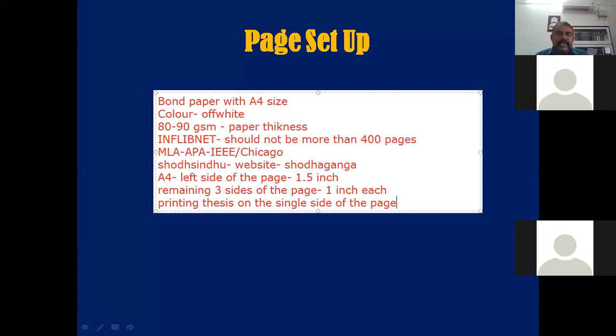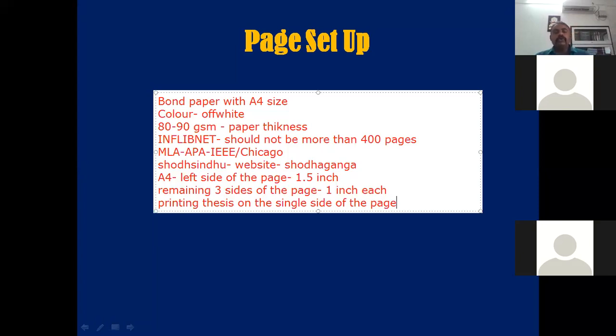If you don't keep this much space, there is a chance some of the words will be cut, and such a thesis will not be accepted by the university. Remember that. Once again, you have to reprint and rebind it if you don't keep this space before printing on the paper.